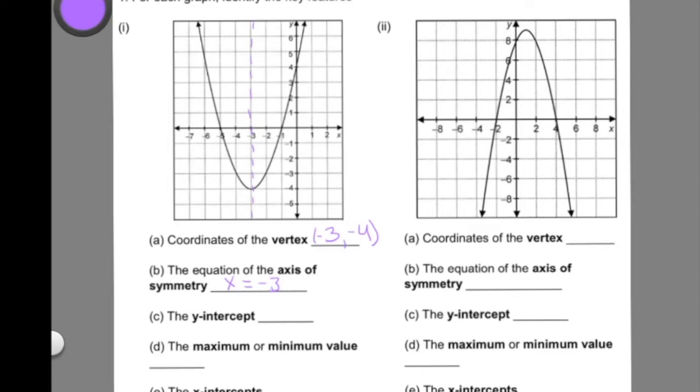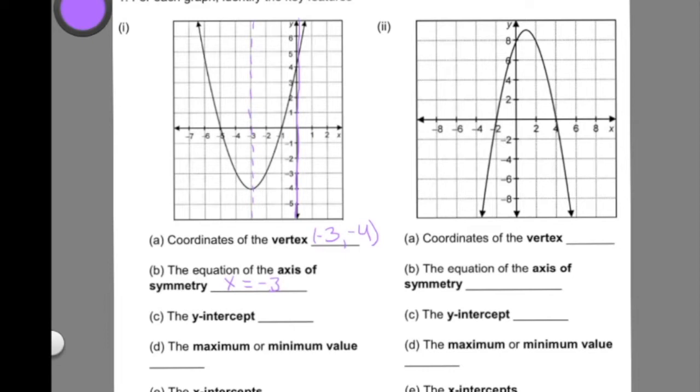Remember that your y-intercepts are going to be the points where your parabola crosses the y-axis. This line right here is the y-axis, right? It runs up and down. Where is this parabola crossing the y-axis? Right here at +4.